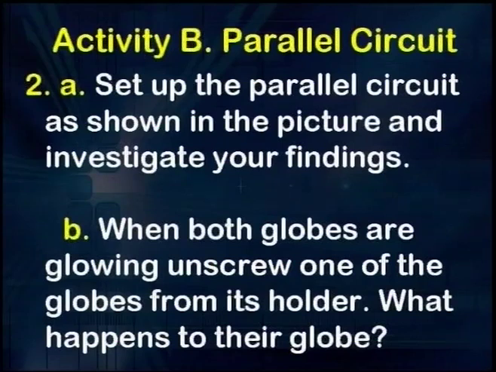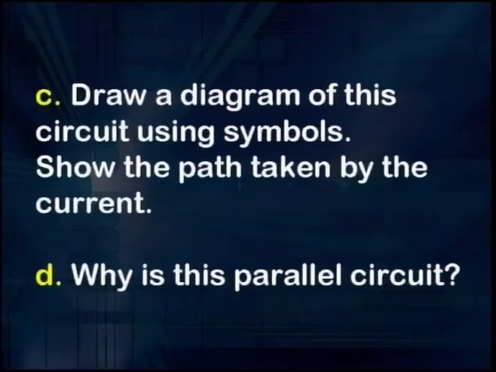B, when both globes are glowing, unscrew one of the globes from its holder. What is going to happen to the other globe? You will also draw a diagram of the circuit using symbols and show the path taken by the current. Also explain why this is a parallel circuit. So those are the instructions, the steps you will have to follow.